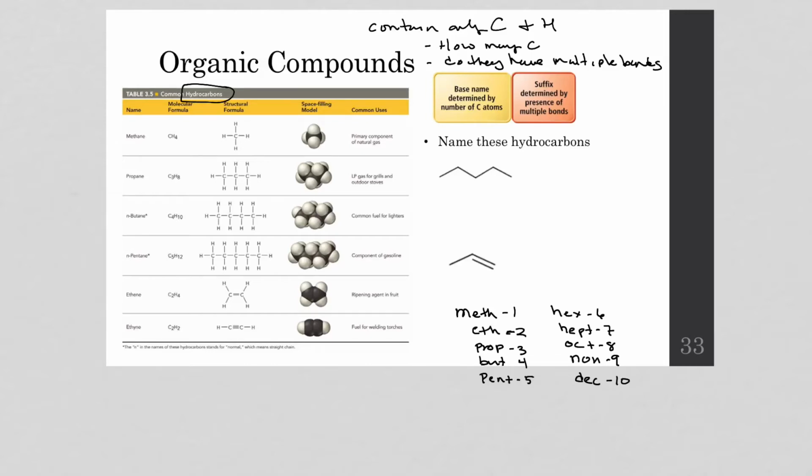Some of these might be familiar, others you might not quite be familiar with, but these are the prefixes that we're going to use. And so let's look at this first compound here.